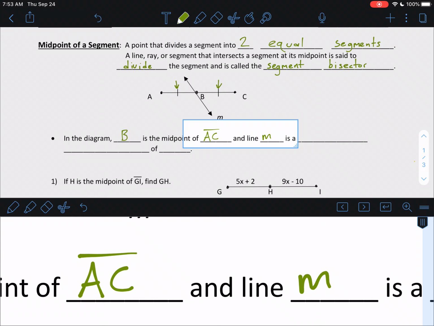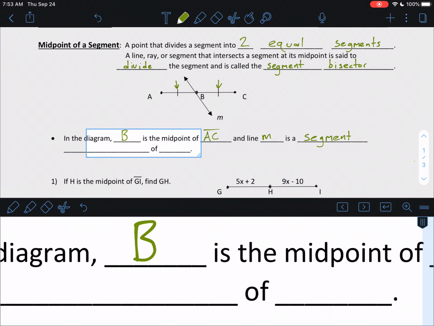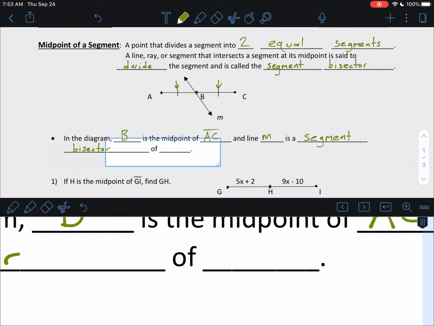And line M is a segment bisector. Well, it bisects AC. So in the diagram, B is the midpoint of AC, and M is a segment bisector of AC.